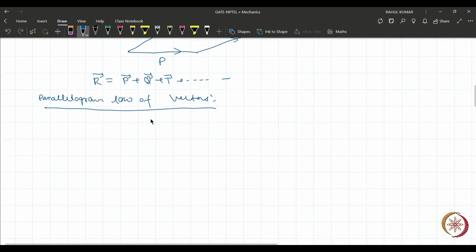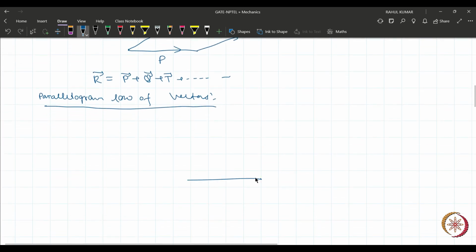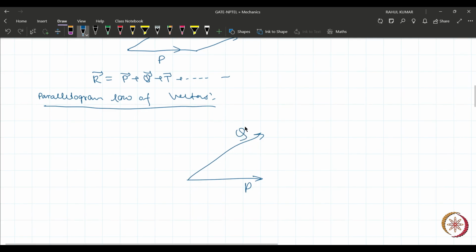It says, suppose there is a vector P and there is another vector Q, and if I want to determine the resultant of these two vectors, then the resultant will be the diagonal of the parallelogram, which is created by connecting these parallel lines.